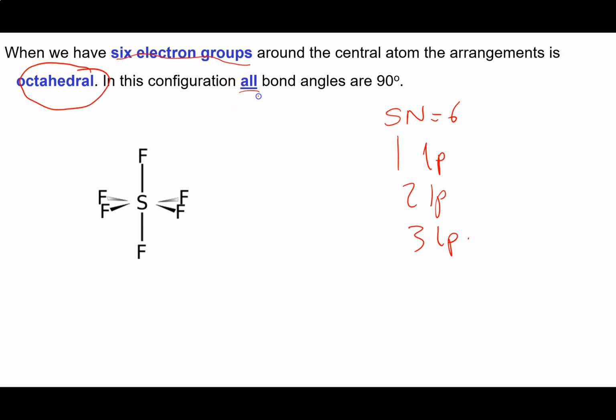And in this configuration, all of the bond angles are 90 degrees. In fact, every position is equivalent. So there's no advantage as to whether we put lone pairs in the axial or in the equatorial position. However, I will say that the convention, just for ease of drawing them, is that we tend to add lone pairs in the axial positions first.